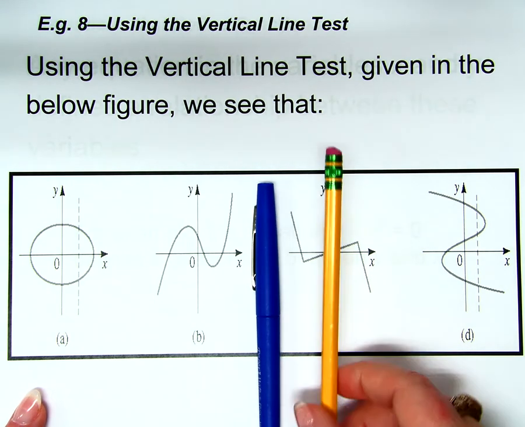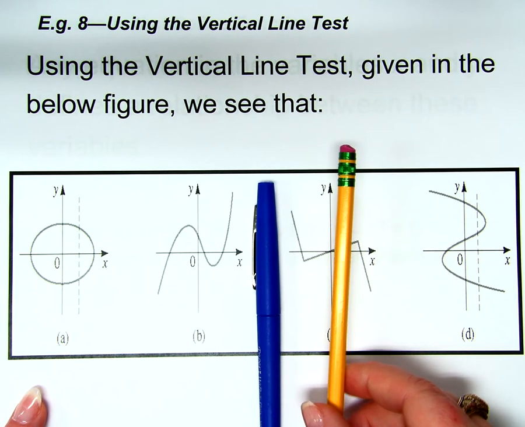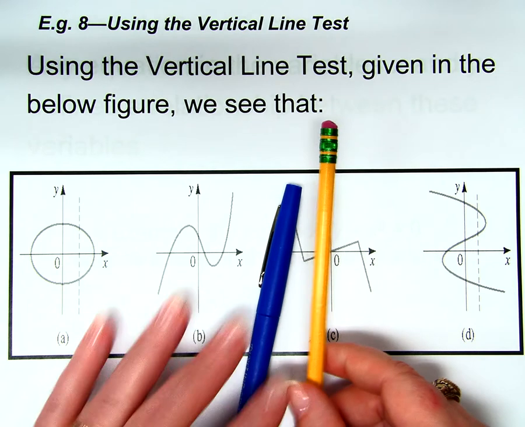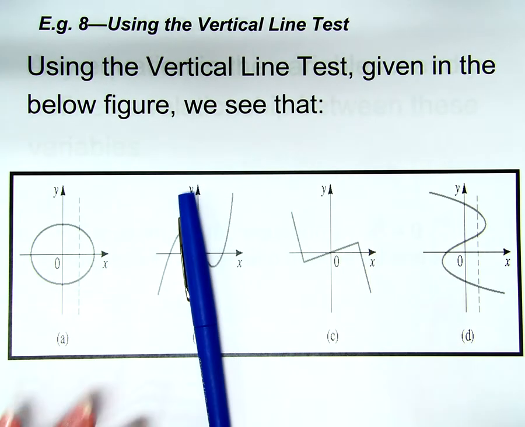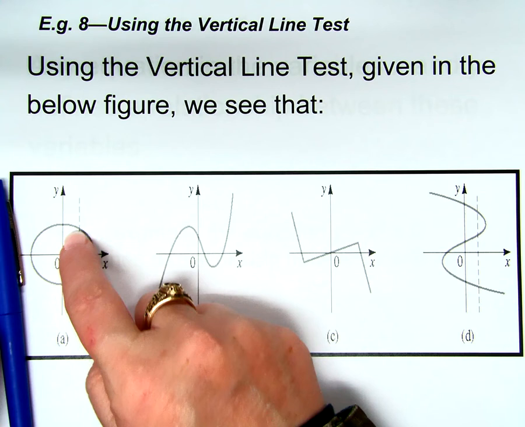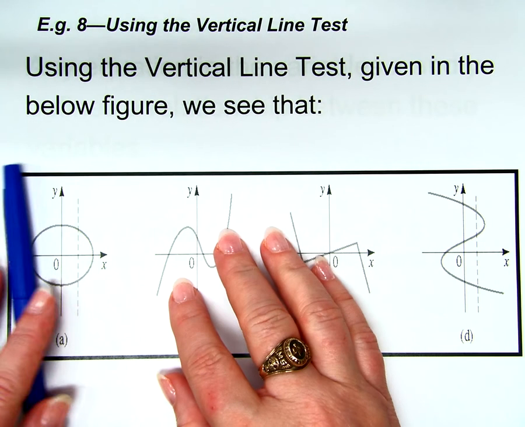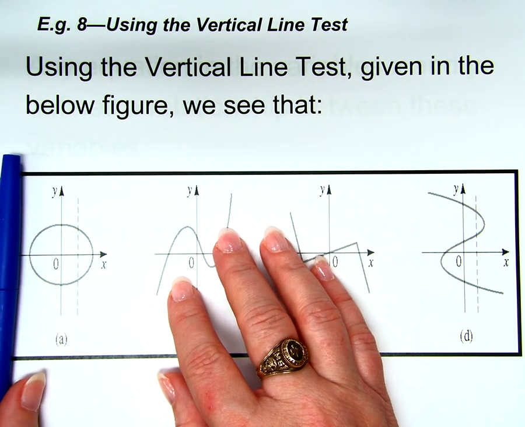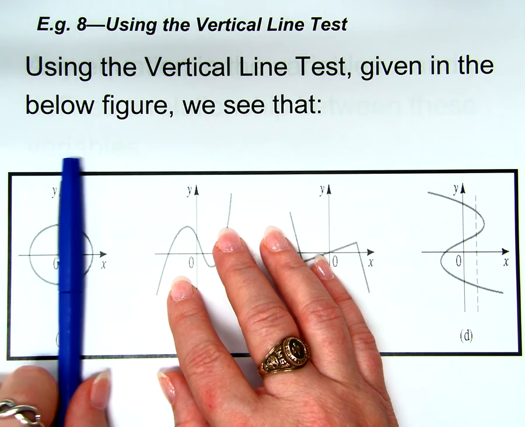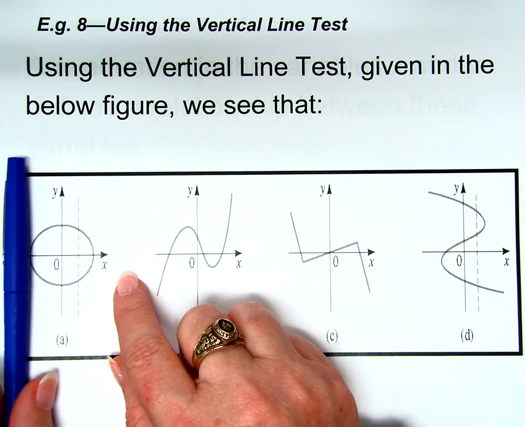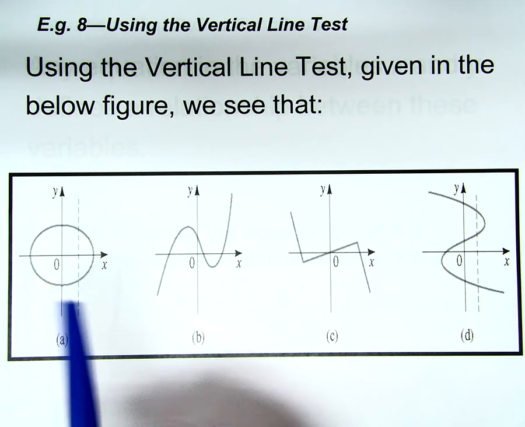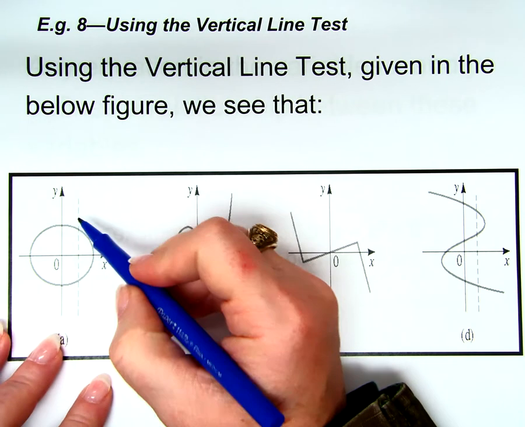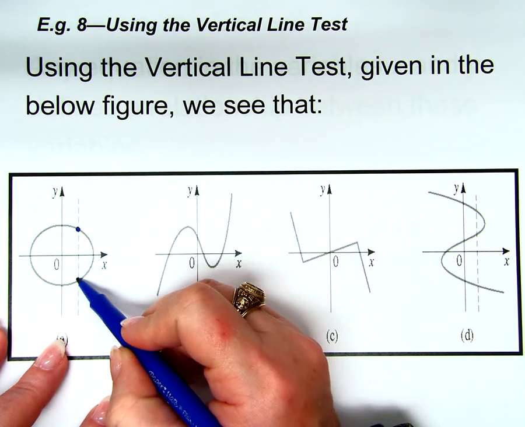Well, that's a marker. This is a pencil. Okay? Because we can treat this as a vertical line. We pull it across. Okay? And we look and we say, does this graph, excuse me, we don't know if it's a function or not yet, as I pull my vertical line across, is it touching the function in more than one place? If it does, like this dotted line that's here, do you see how it touches the function here and here?